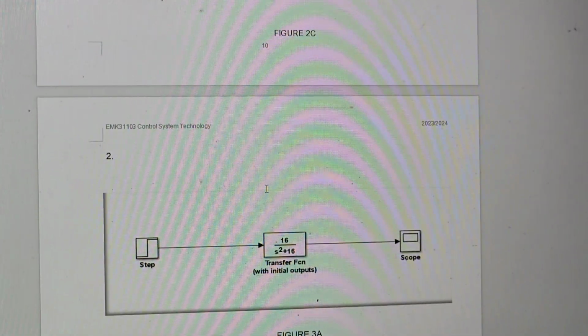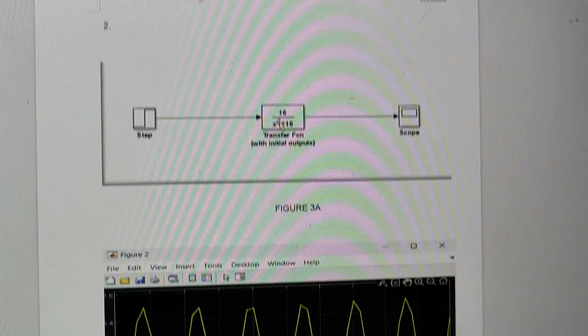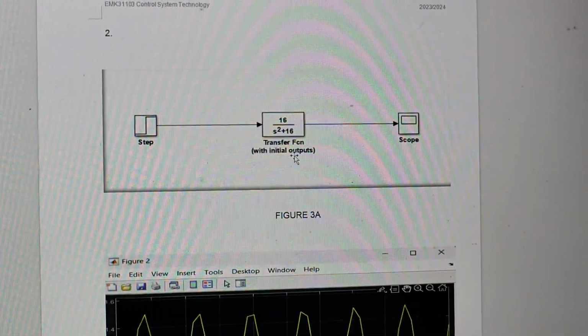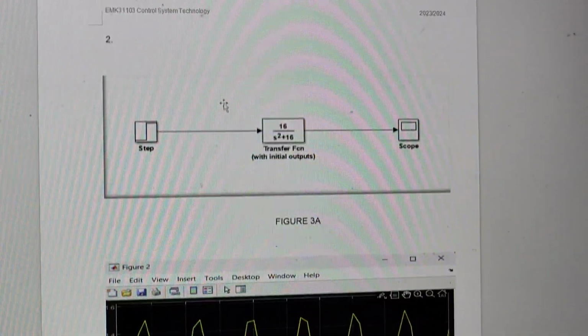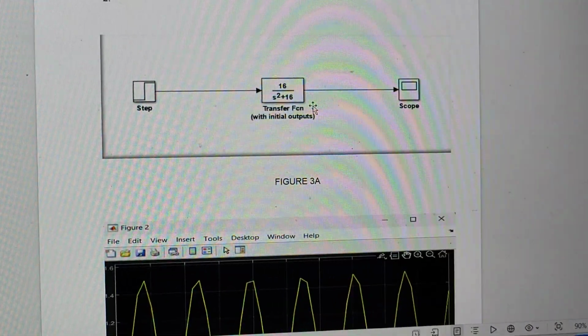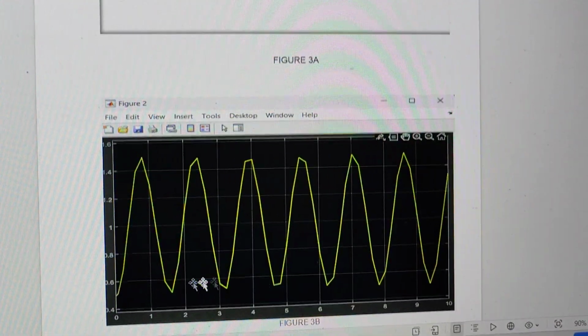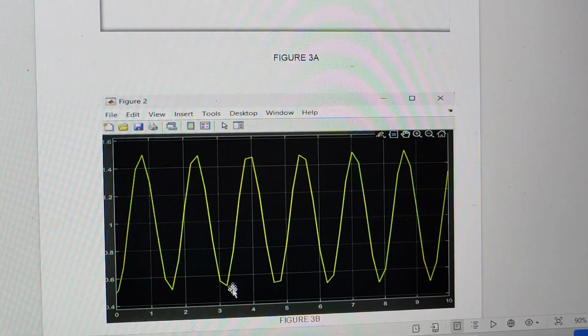For the second question, which is 16 over s square plus 16. So this is the question and this is the figure model, which is quite unsteady.